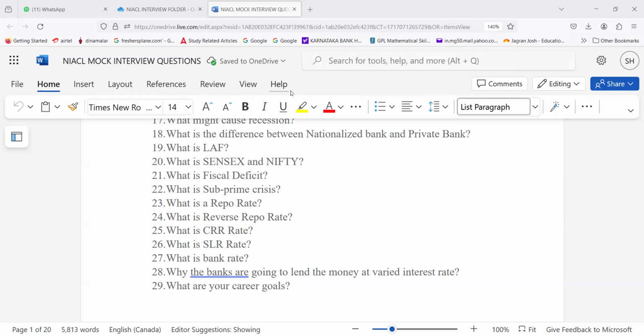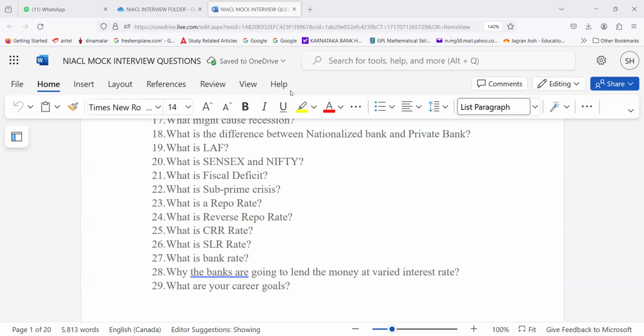Yes, sir. It is the information that is gathered from the... Actual answer for this will be BSE Sensex means Bombay Stock Exchange Sensex.